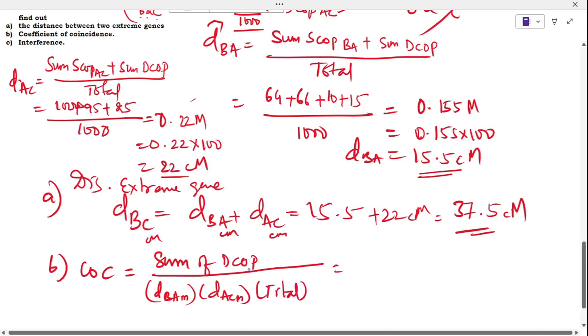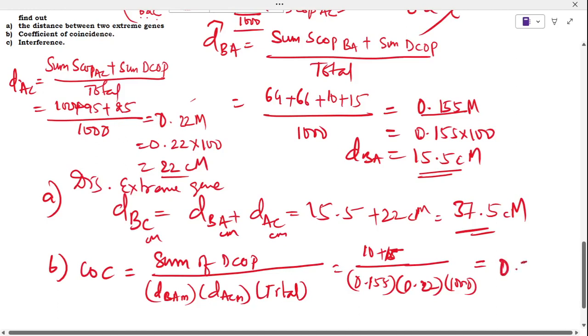That is equal to the sum of double crossing over product, here 10 plus 15, divided by the distance between BA in Morgan, 0.155, into the distance between AC, 0.22, into 1000. If you calculate the value, the coefficient of coincidence will be 0.733, unitless. Coefficient of coincidence is unitless.